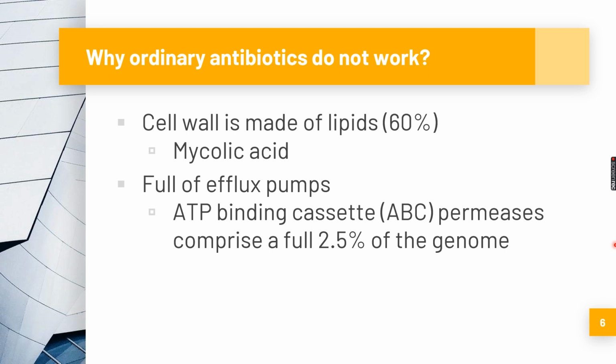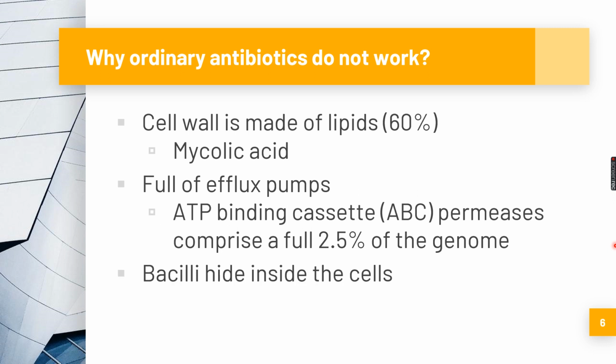Efflux pumps are present in other bacteria also, but the relative abundance of efflux pumps is more in Mycobacterium tuberculosis. These efflux pumps are usually ATP binding cassette permeases, and they can comprise almost 2.5% of the genome.